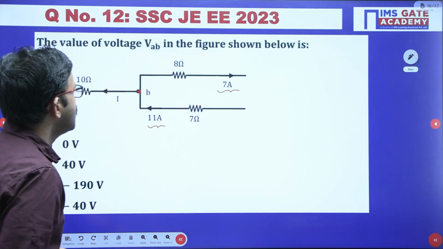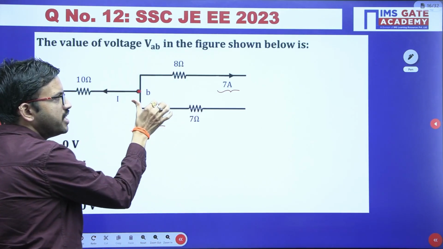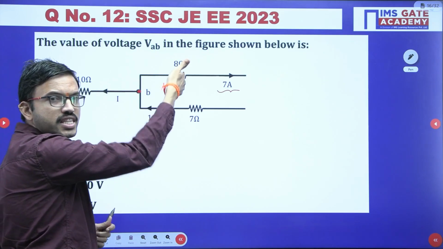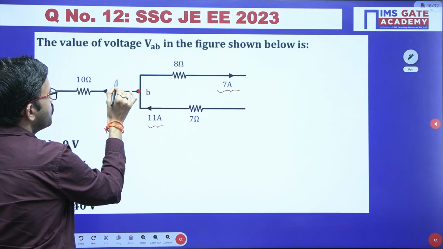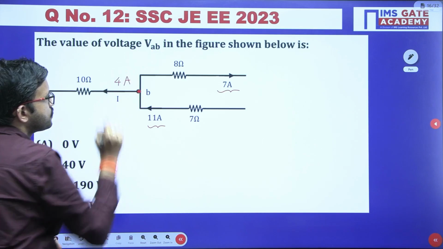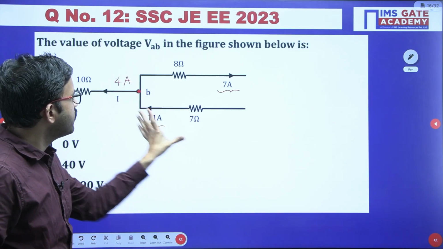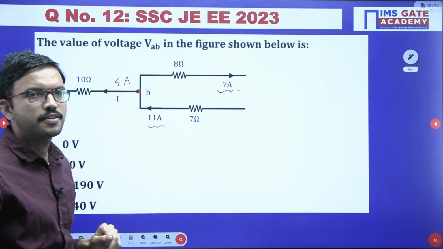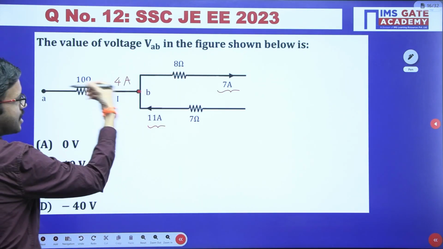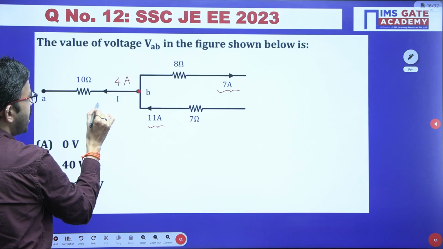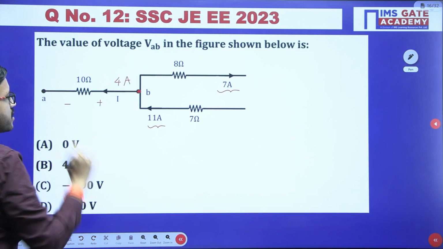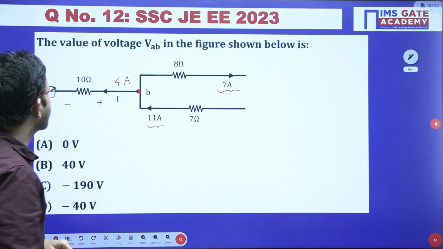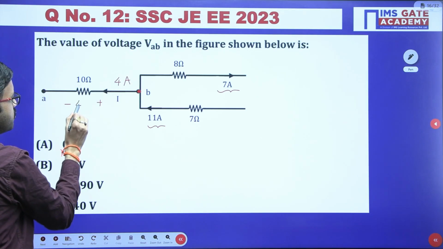See, just closely observe. Here 11 ampere is coming, out of which 7 ampere is leaving. That means here in this case 4 ampere should leave. That's all. Yes or no? If you observe, 11 ampere is coming, 11 ampere is leaving in total. Yes, it is satisfying KCL. Okay. Now since current is coming like this, obviously you are having plus symbol here and then minus with respect to voltage polarities. 4 into 10, that is nothing but 40 volts.